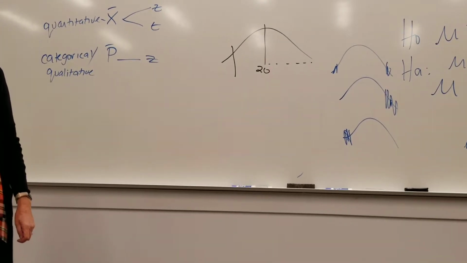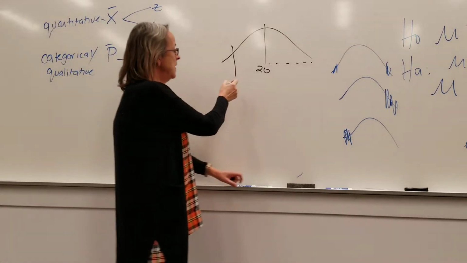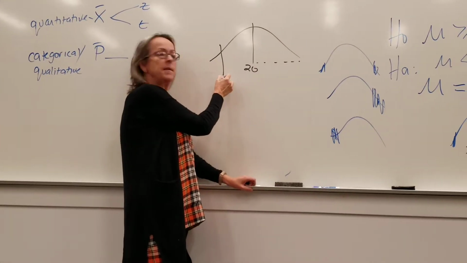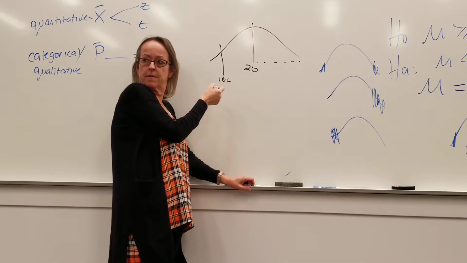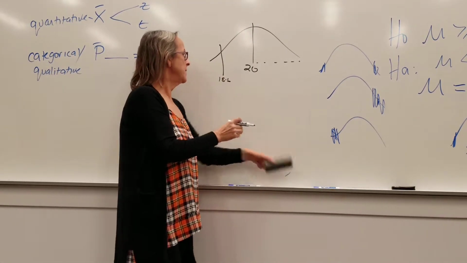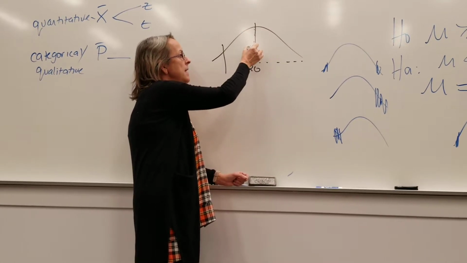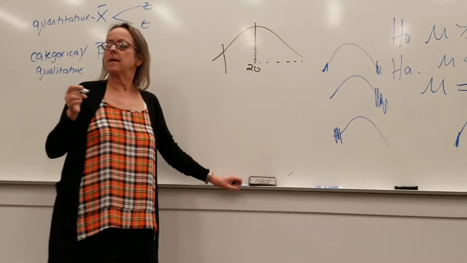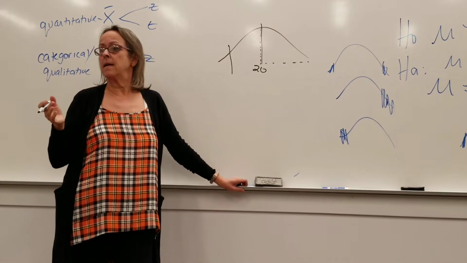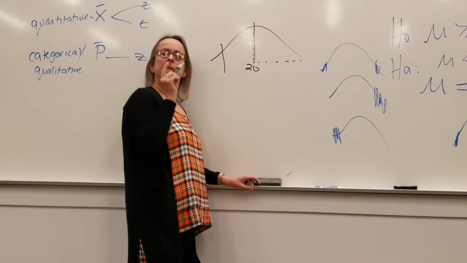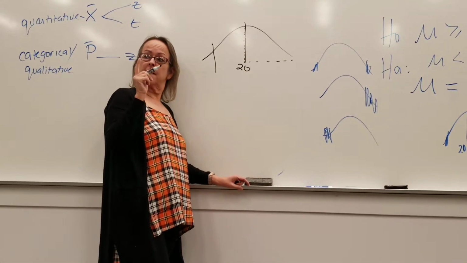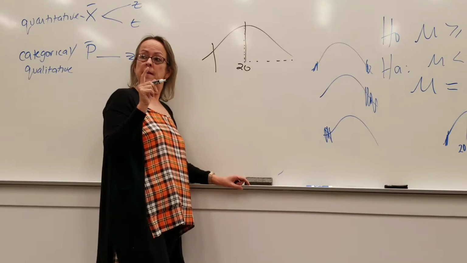If I get something less than 20, I might be able to prove them wrong. Do you agree? We don't know what this number is, but we know 18.6 will probably be low enough for us, right? But there's some number here. Even if I get 19.999, that's not 20, but it's probably not statistically significantly different enough.